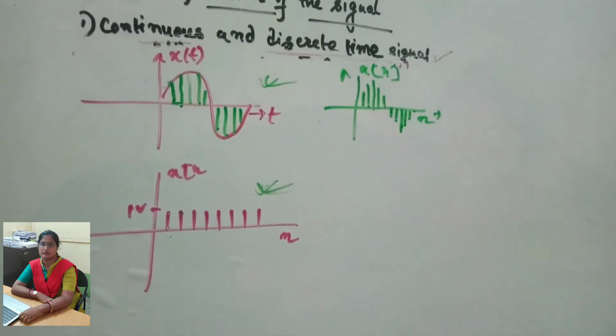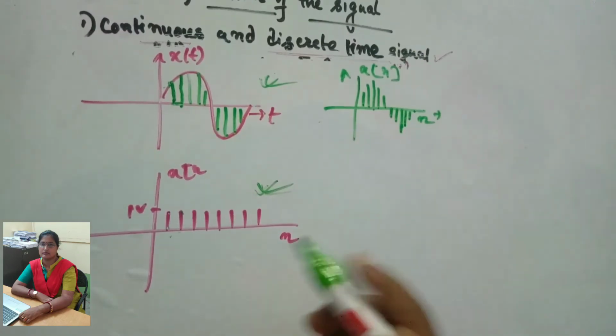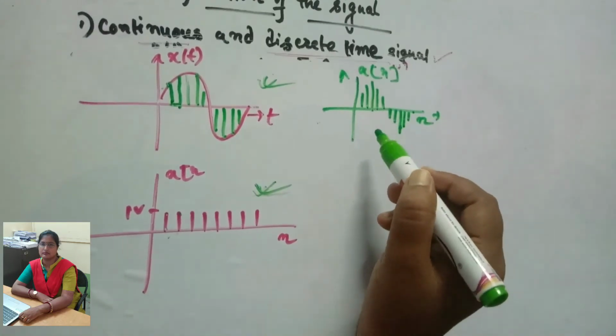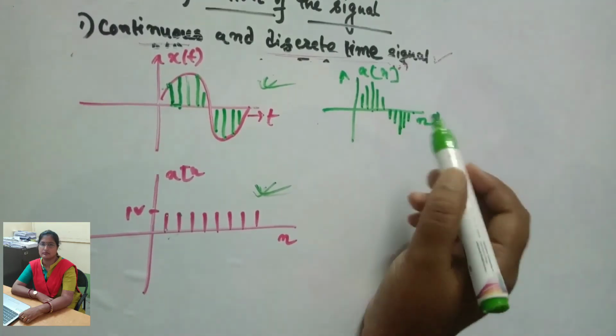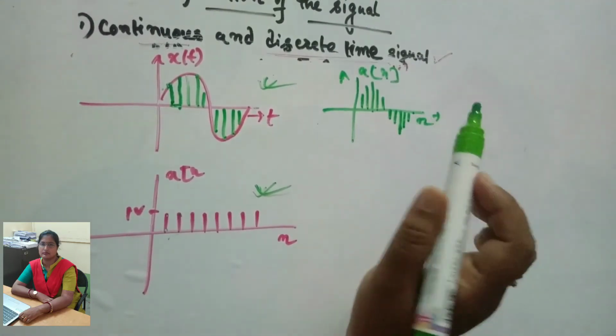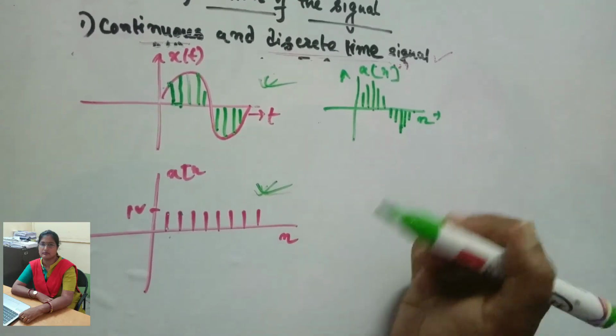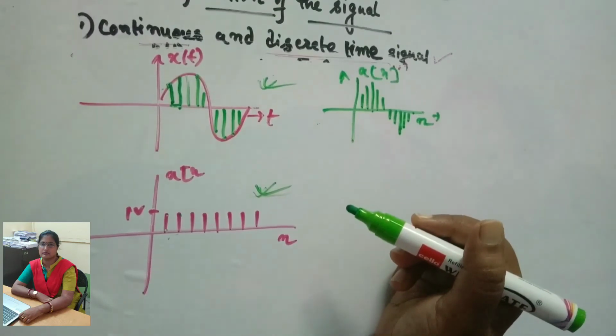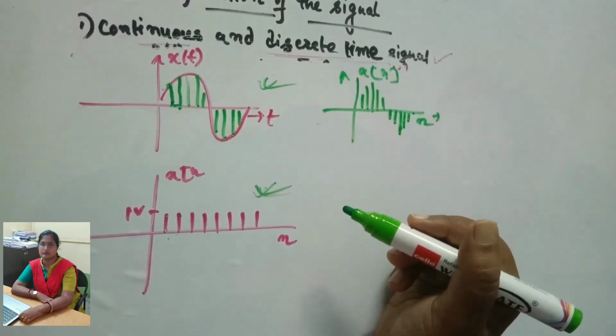If we quantize and then encode this discrete time signal, it will be converted into a binary coded value or a digital signal. So the process of getting a digital signal from an analog signal consists of 3 steps.